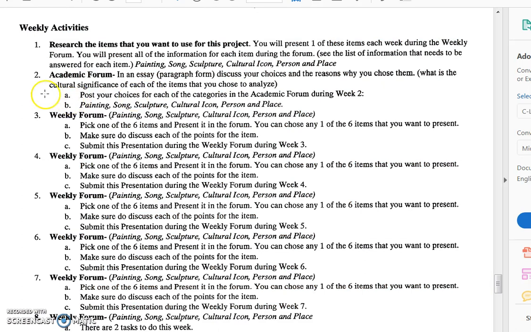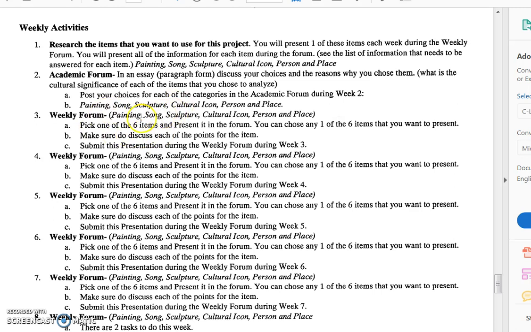Then starting in week 3, we're going to have our weekly forums, and in the first forum you're going to pick one of these. Let's say, for example, that you want to do a song. You want to find a song that has good cultural significance in the English-speaking world.